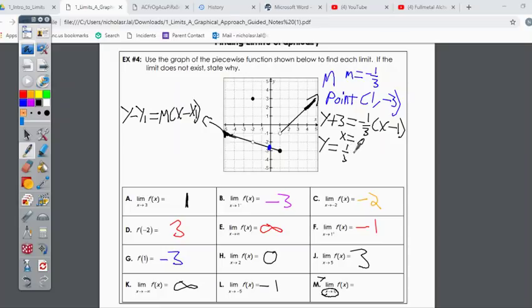One-third minus 3. So y would be equal to 1/3 minus 9/3, which would be equal to negative 8/3. So that limit is negative 8/3.